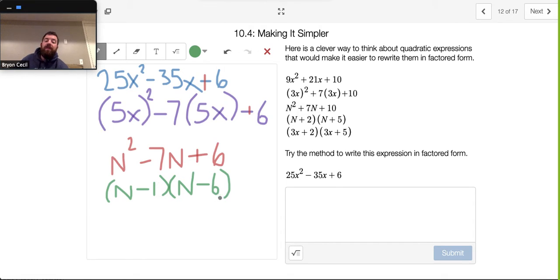When I multiply those together, I get a positive 6. When I add them together, I get a negative 7. There we go. Okay, so now the last step that I do is I plug in the 5x into the placeholder. So I'm going to have 5x minus 1 and 5x minus 6.